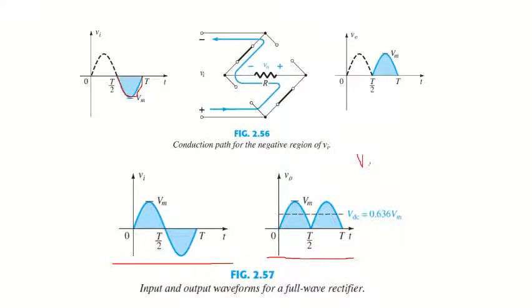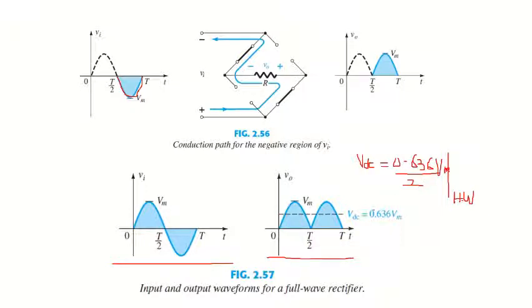We already knew that VDC in the case of half wave rectification is 0.636 divided by 2, so for the half wave rectification, and for the full wave rectification it's 0.636 Vm.